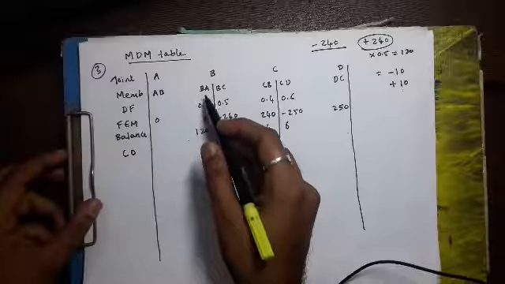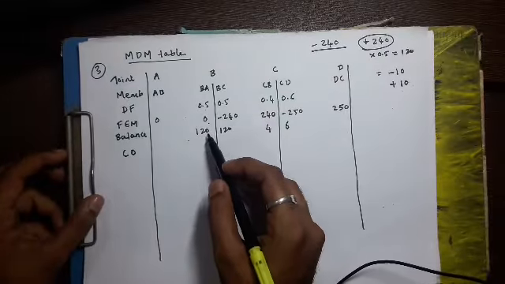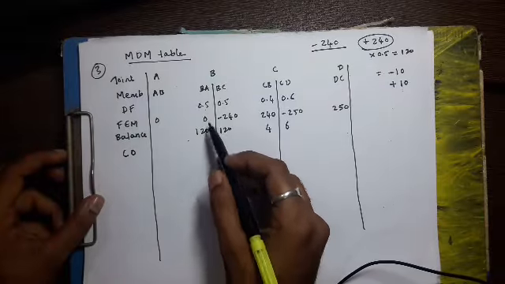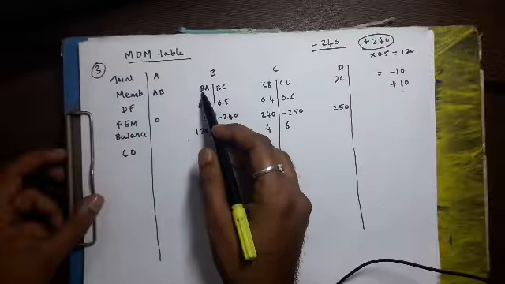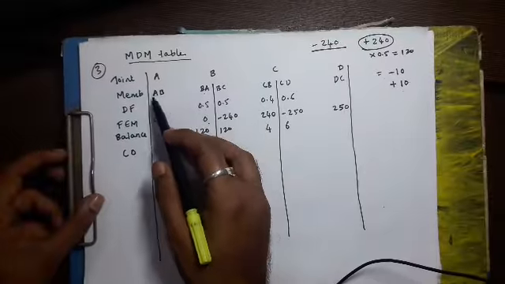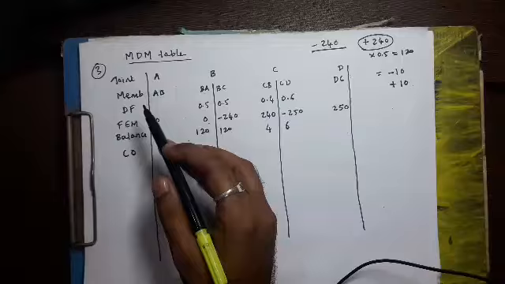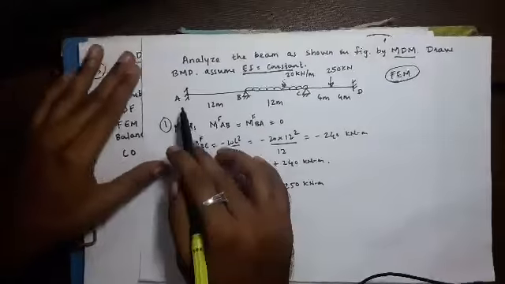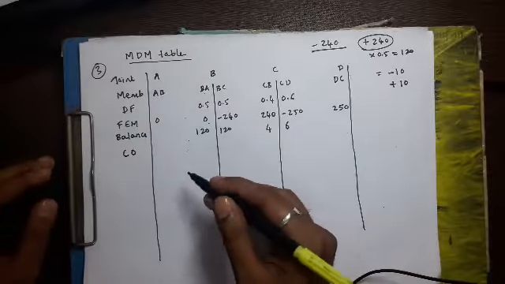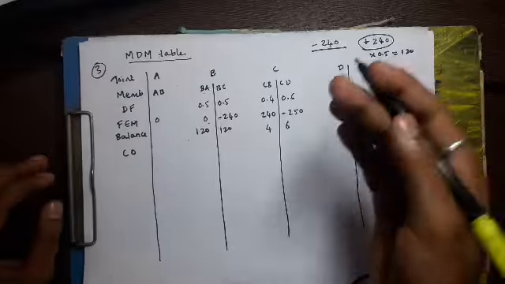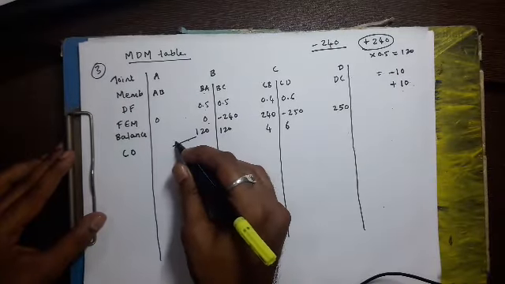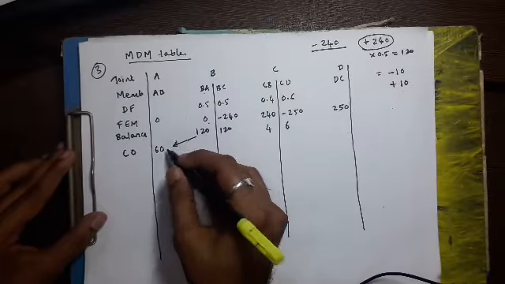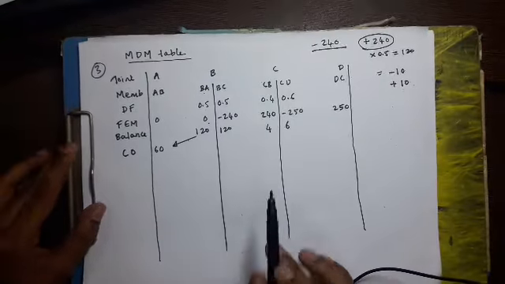So 120 kilonewton meter you have applied at BA. What is the far end? AB, and the far end is fixed. So we know the concept of carryover: if the far end is fixed, half of the moment is transferred to the far end. So here you will get 60 kilonewton meter.